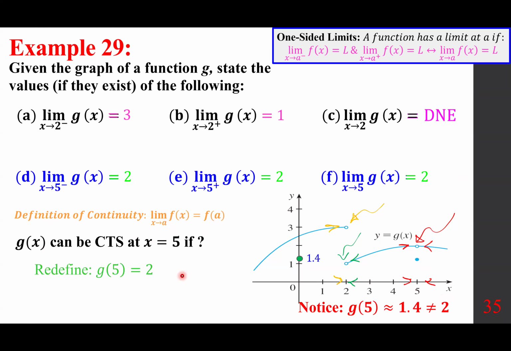So if you redefine g of 5 to be 2, yes, it can be continuous. So it's a removable discontinuity. In other words, you can fix it. But this is a jump. Even if g of 2 is not defined, and even if it's defined, you can't fix it. A jump can't be fixed. So there's nothing we can do. This one we can fix.